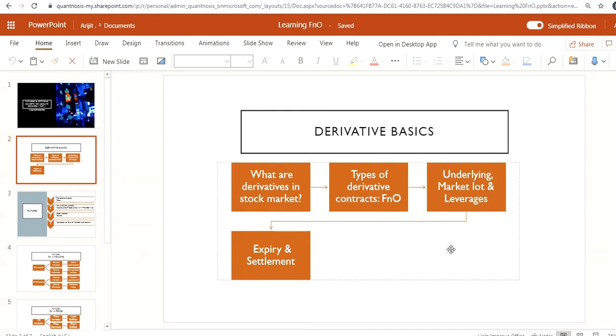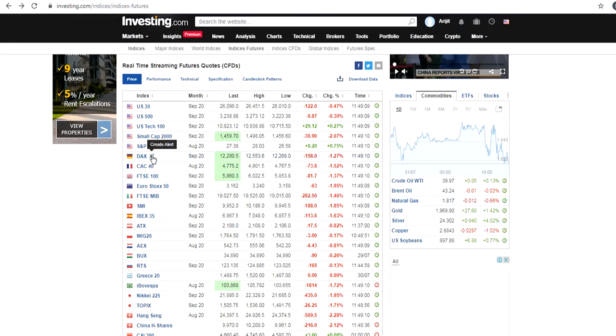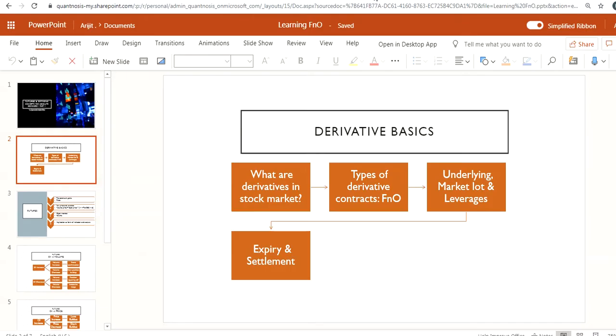Either way, the security it is based on, the one it is derived from, is called the underlying. If I am seeing a derivative based on an index, that particular index is the underlying. If I am seeing a derivative based on gold, then the gold price is the underlying. If it is based on a currency, that currency is the underlying.